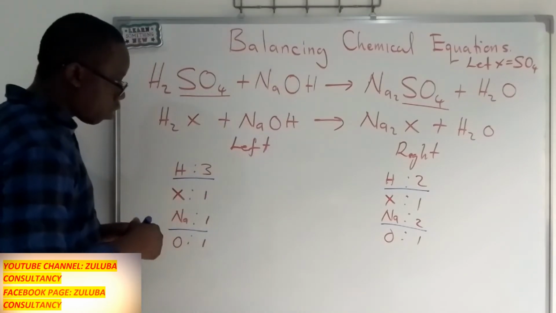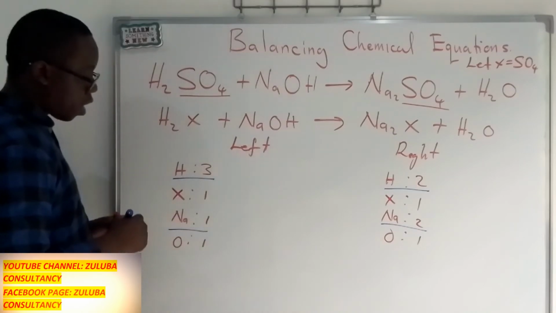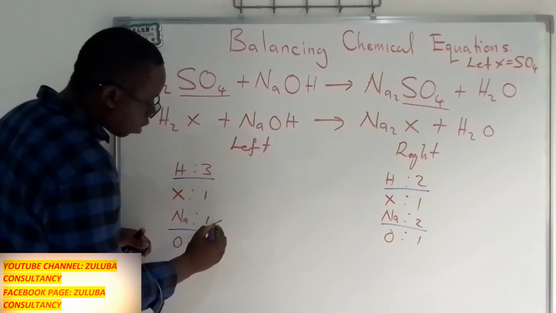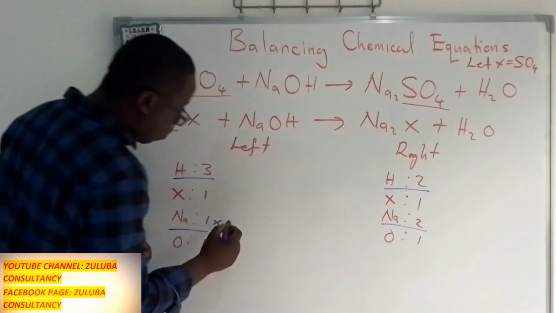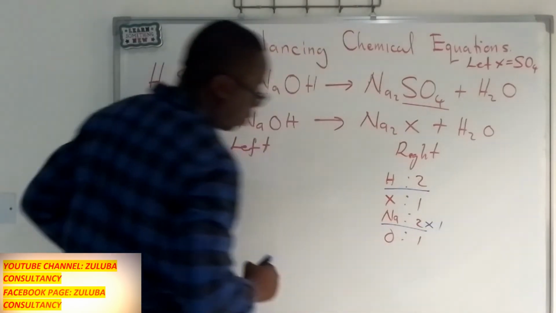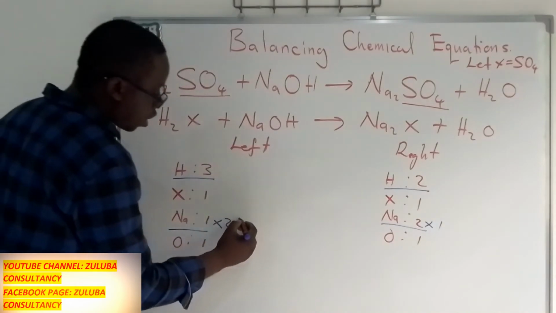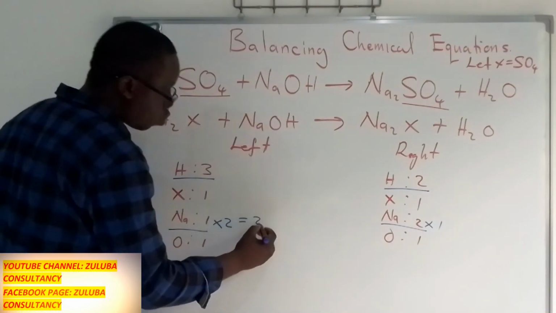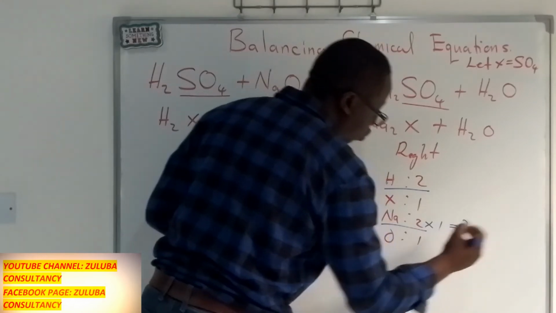So let's try with sodium. We'll say, because we have 2 here, we'll multiply this side by 2, then we multiply this side by 1. If you do this, we'll get the overall of 2 and the overall of 2.